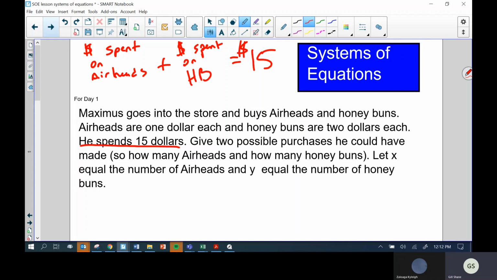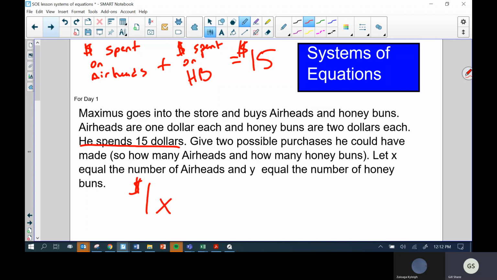So I said the way I would create this, the money spent on airheads, if you haven't been with me for a while, well, even if you have, I'll repeat it. Most of the time, when you're trying to put this into an equation, it's how much is one of them times how many. Well, how much is one airhead? Well, $1. How many airheads?